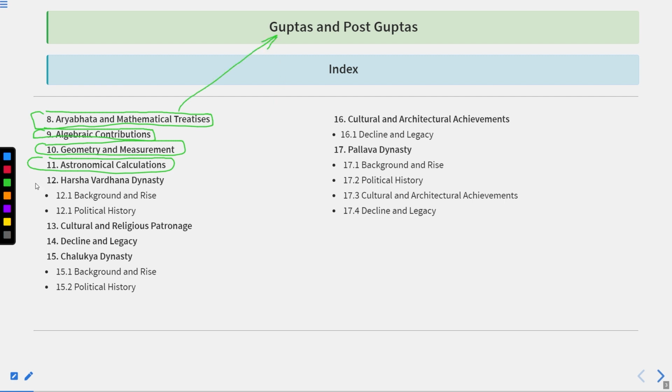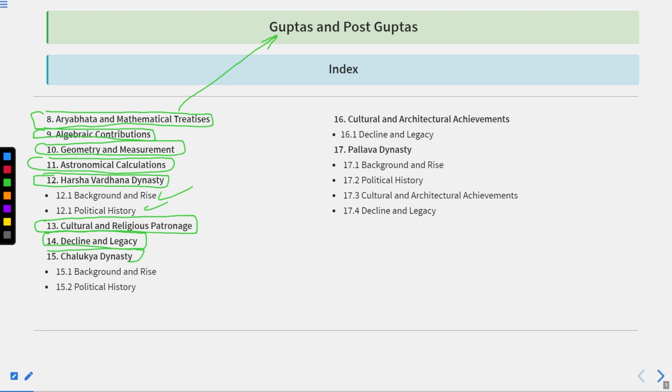Below this, we will discuss the Harshvardhan dynasty. In this, we will discuss the background and rise and the political history. Thereafter, we will see the cultural and religious patronage. Then, decline and legacy.